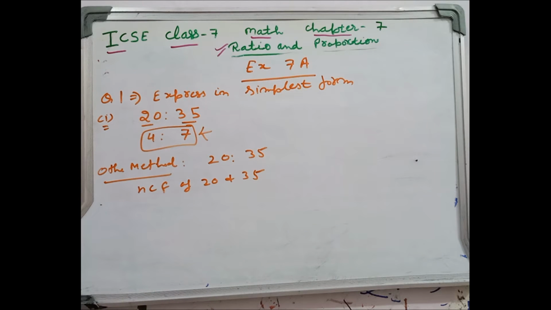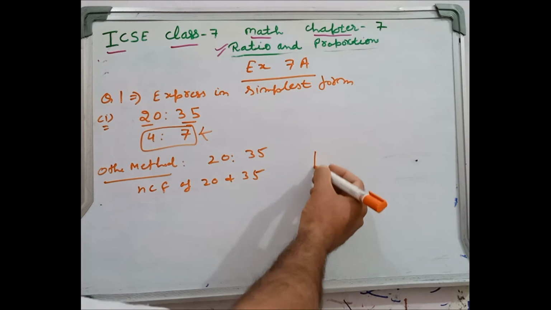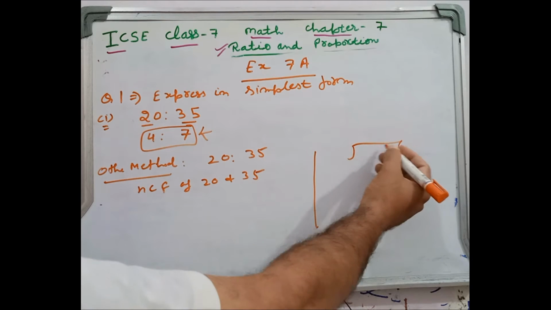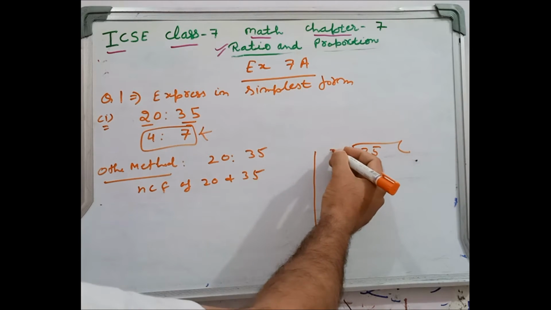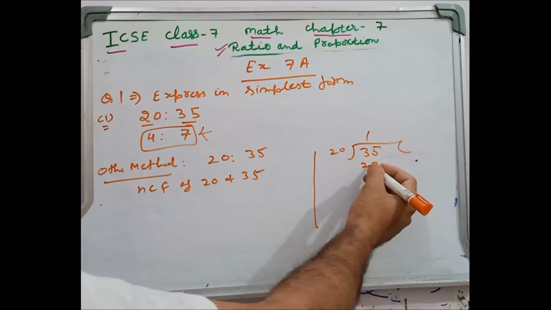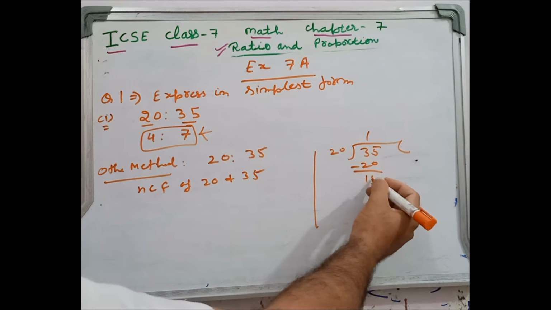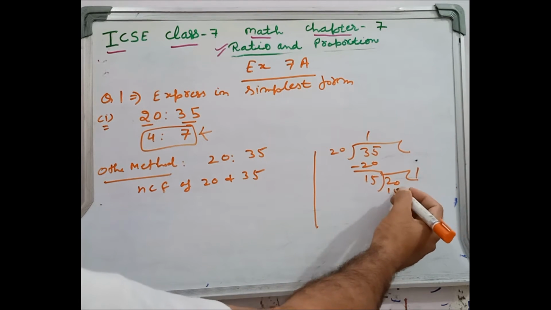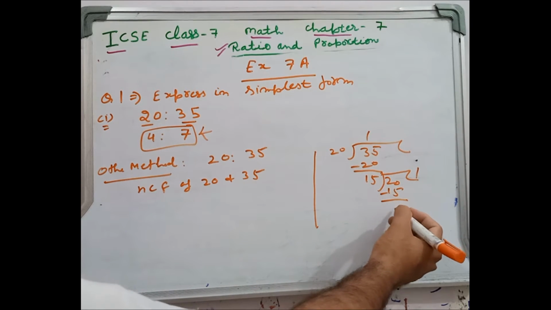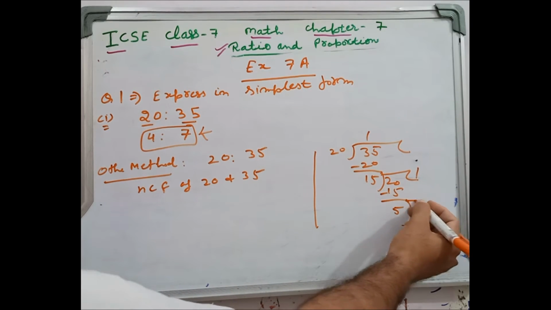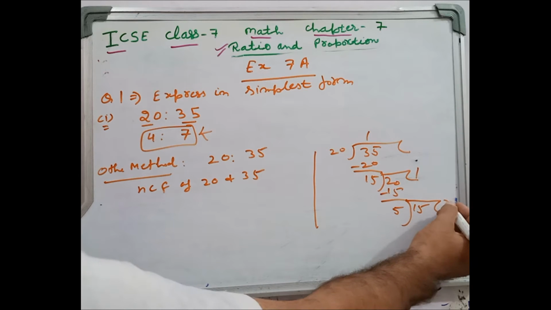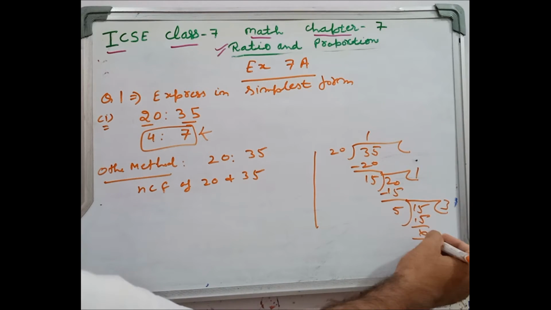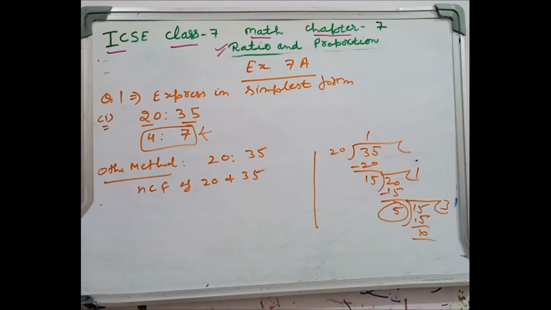How will we find it? In the rough work: 20 and 35. 35 minus 20, 15 is remaining. 20 again, minus 15, 5 remaining. This 15 will come here. 5 3s are 15. So their HCF is 5, right?